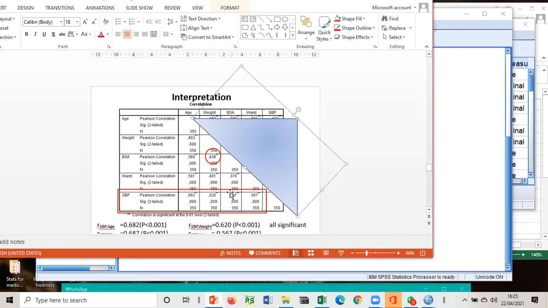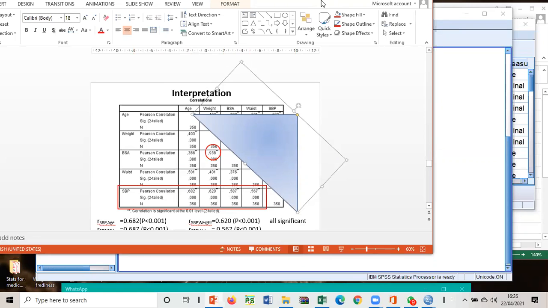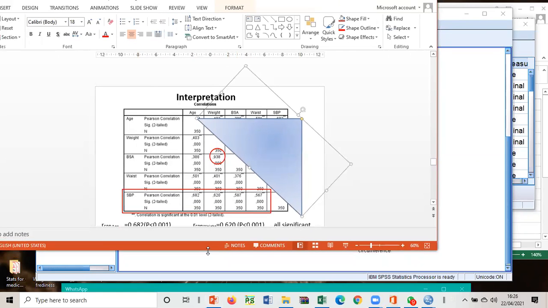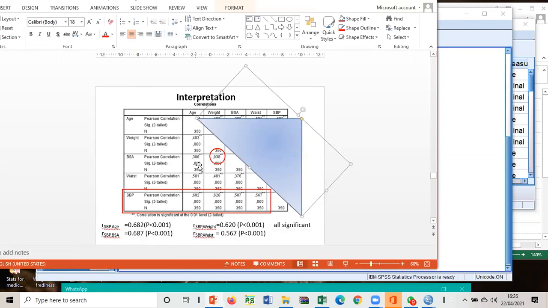BP versus BSA. Is it high? Yes, 0.5. Correct. BP with waist. All are significant. We say the significant pairwise correlation. Pairwise means BP versus age, BP versus weight, still taking two at a time. Now, what is the one in the circle? 0.9.